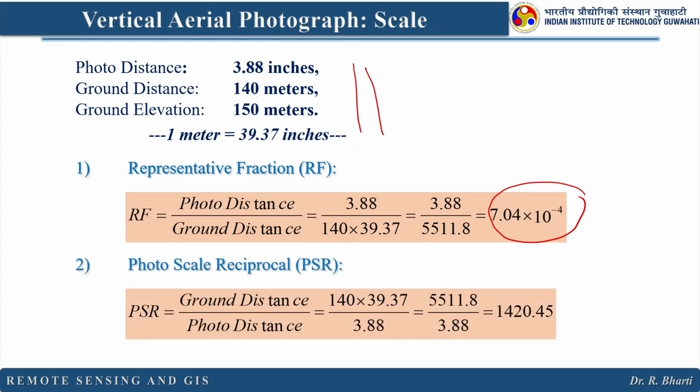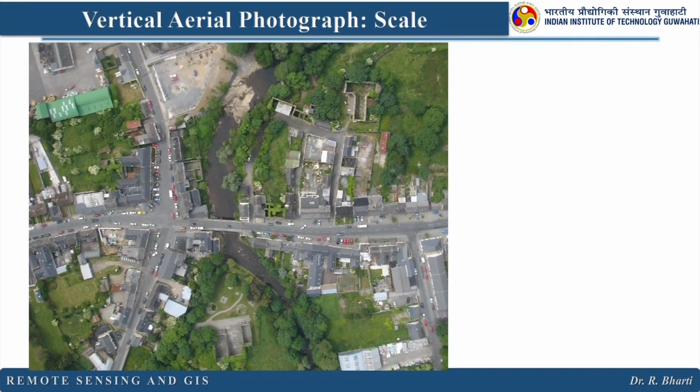For photo scale reciprocal, this is the value, right. So all these problems you can try yourself before seeing the answer, and then you match your answer whether it is correct or not, then you will learn more.